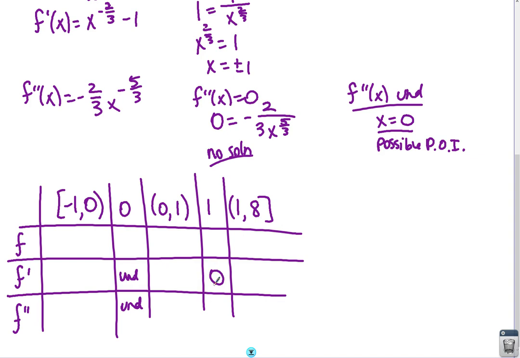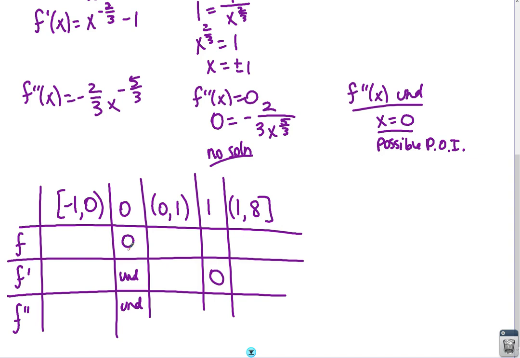Technically, that was also true at negative 1, but negative 1 is on the end, so I don't actually have to check for that, because I can't see whether it's a relative min or max, because it's an endpoint. So it wouldn't be either one anyway. Now I just need to look at intervals of increasing and decreasing, and then concave up and concave down. And I already know that this coordinate is also 0 because of my x and y intercept.